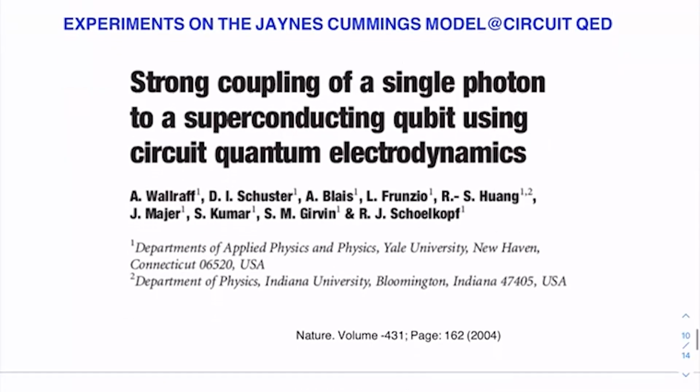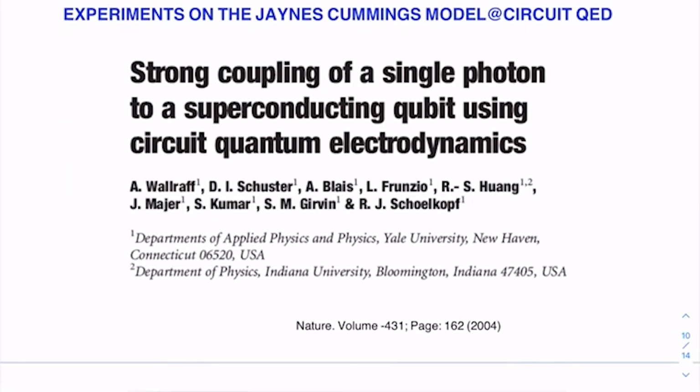The title of the article was: strong coupling of a single photon to a superconducting qubit using circuit quantum electrodynamics. So it was the Yale group, and one person was actually associated with Indiana University as well. Primarily it was done at Yale, and it was published in the journal Nature.